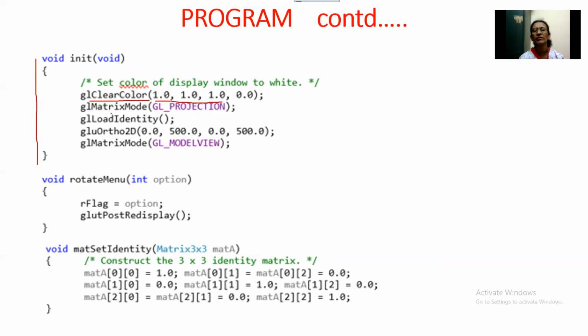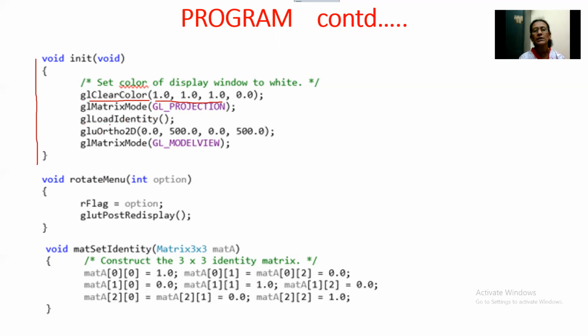Now, what are the matrices that we have? We have the model view matrix, in which we have to draw the figures. For viewing, we use the projection matrix. Initially we have to set the viewing matrix. So for that, we call glMatrixMode, GL_PROJECTION.